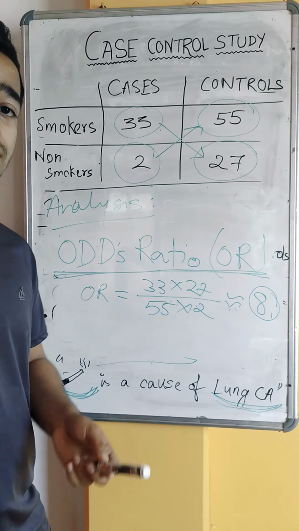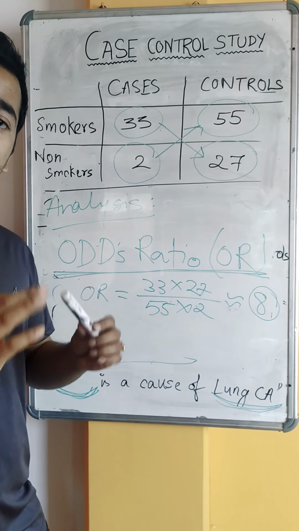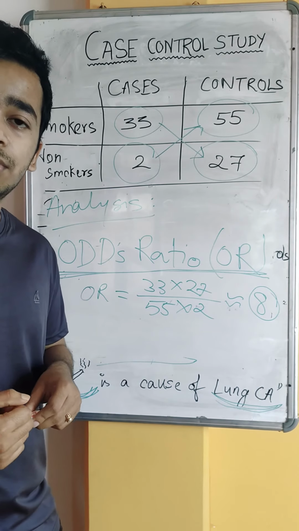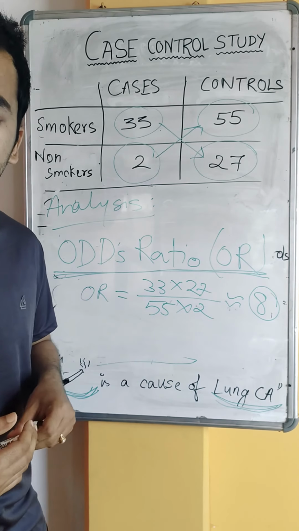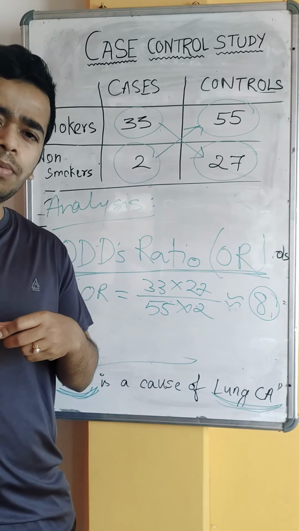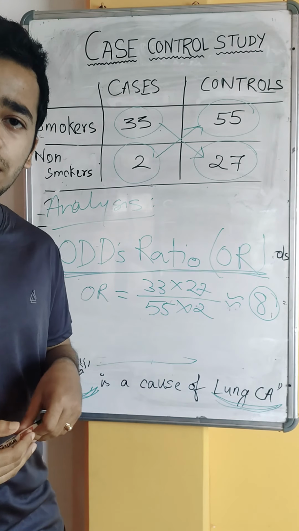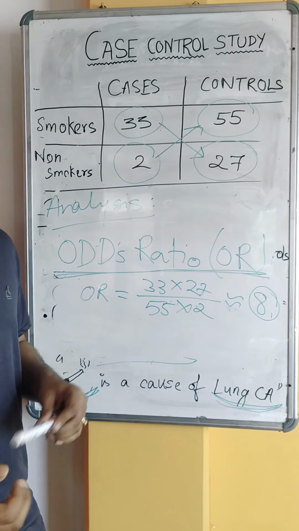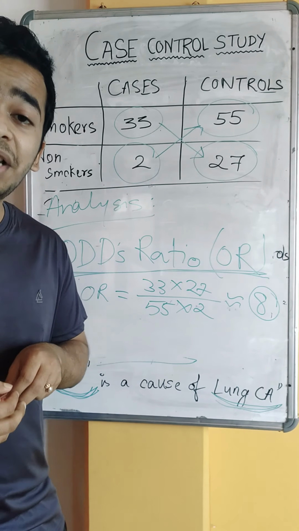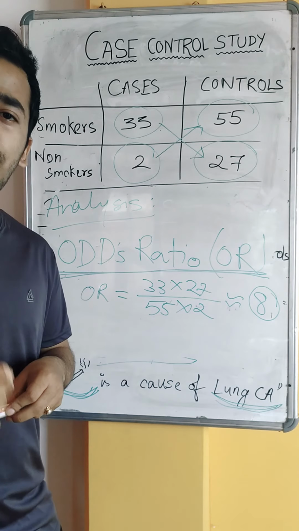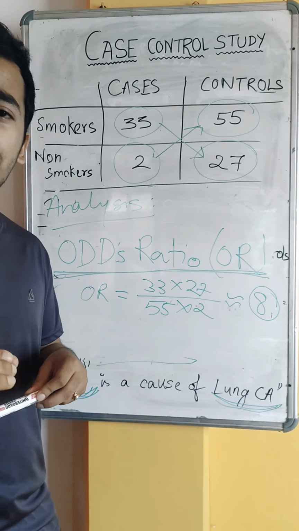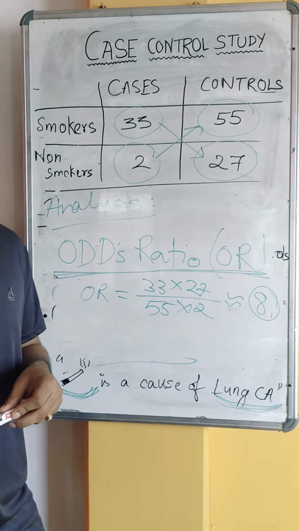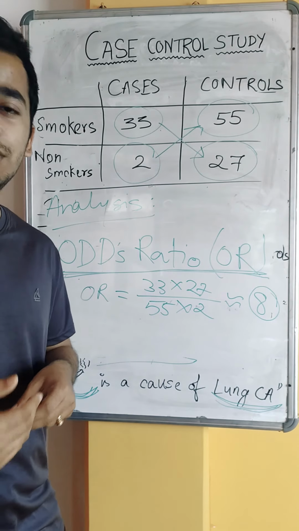If the odds ratio was 3, then it means smokers have 3 times more chances of developing lung cancer than non-smokers. So what if the odds ratio was less than 1? For example, the odds ratio is 0.5. It means that smokers have 50% fewer chances of developing lung cancer than the non-smokers.